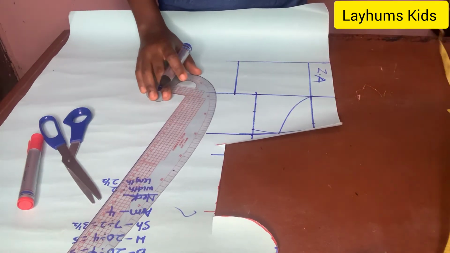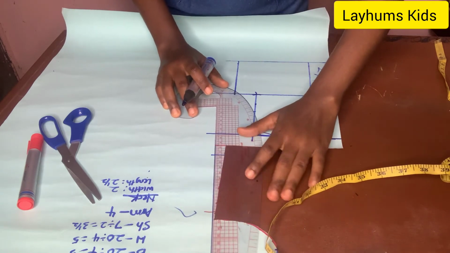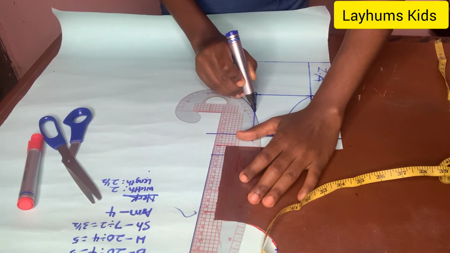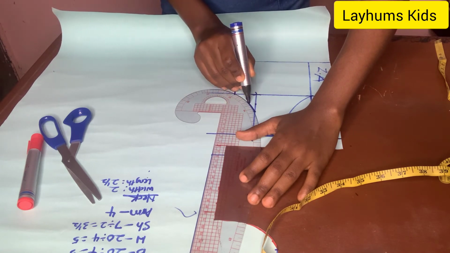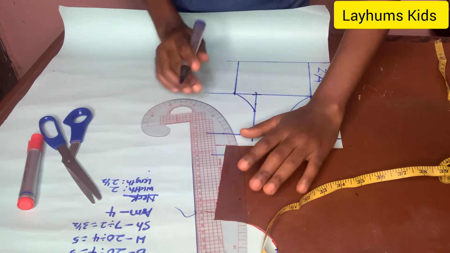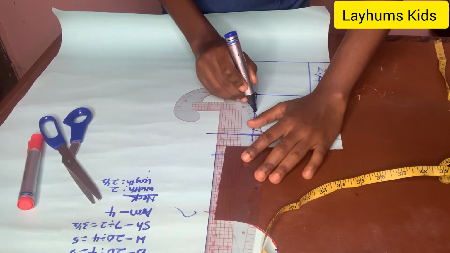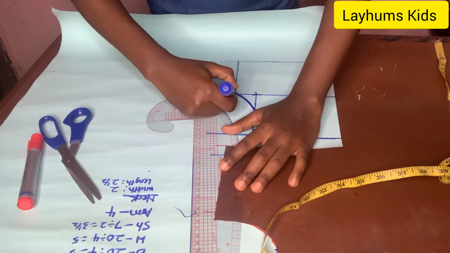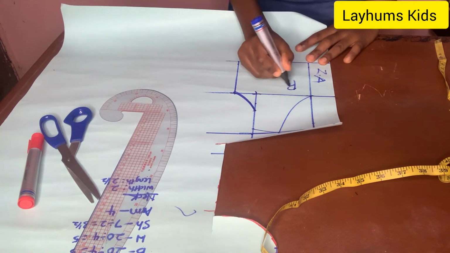So here, from this midpoint, I'll just curve it, like so. This is my back.